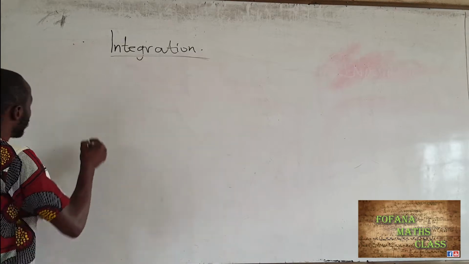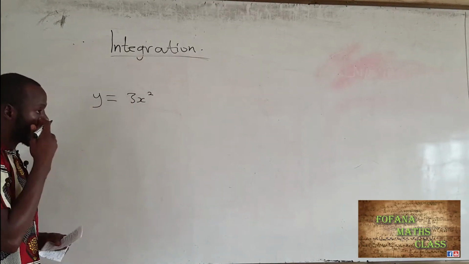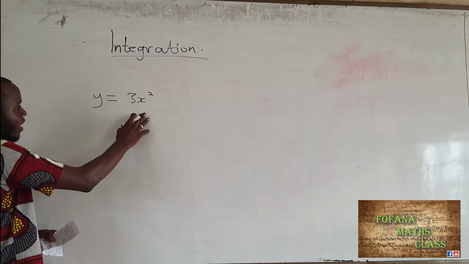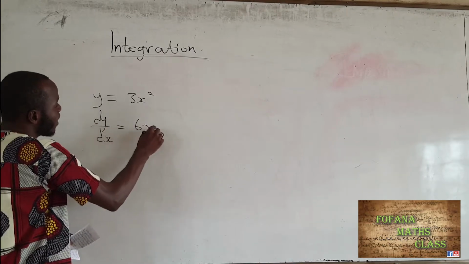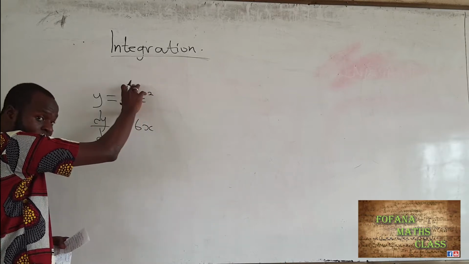An example is if you have y equal to 3x squared. The derivative of this expression is dy/dx, which will give you 6x. So this is the differentiation form of this expression.